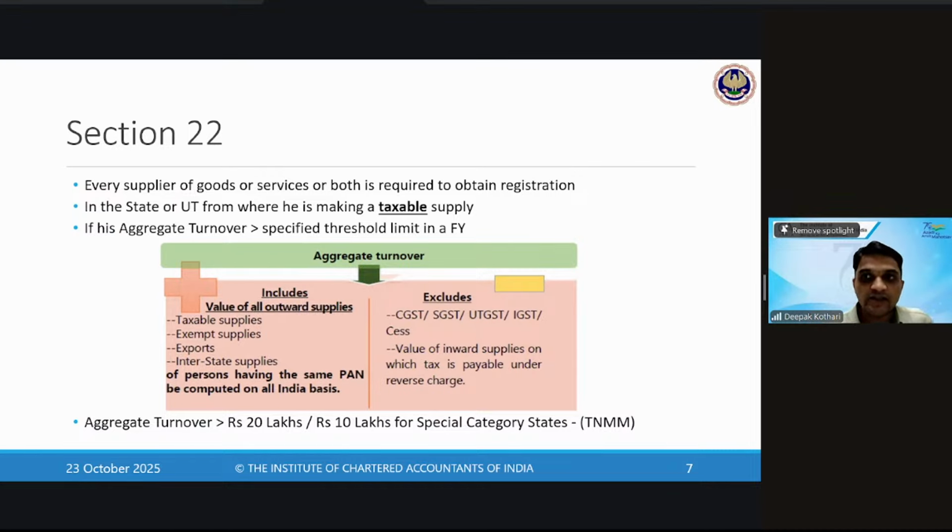And you will exclude the taxes and inward supplies on which you have to pay reverse charge. So this will be the aggregate turnover, which is relevant to consider the respective turnover limit, that is 20 lakhs and 40 lakhs. This value you will consider.